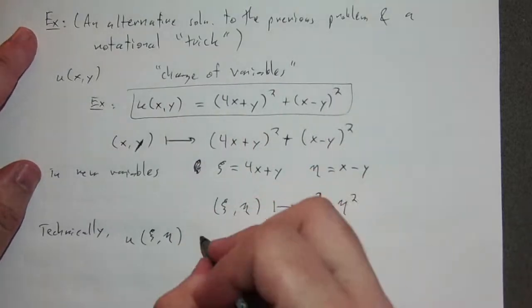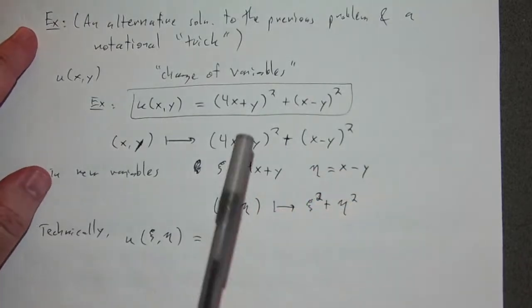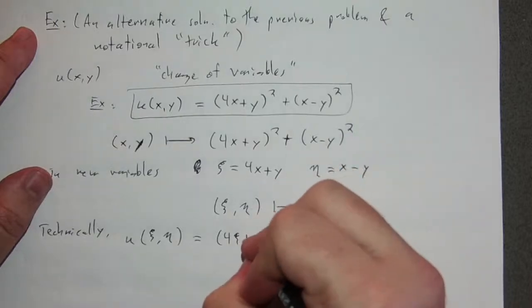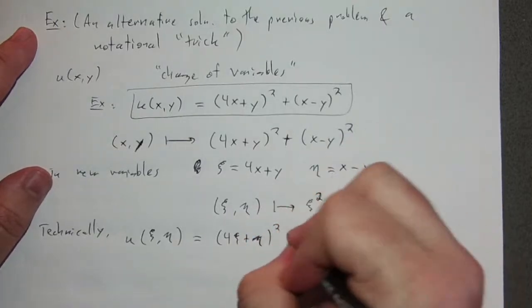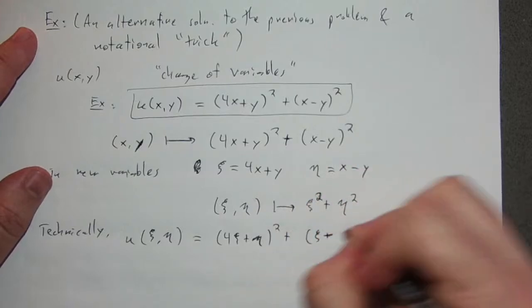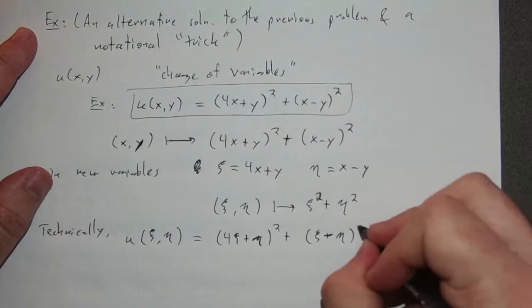So technically, if I write u of xi and eta, what that means is this is (4 xi plus eta) squared plus (xi minus eta) squared.